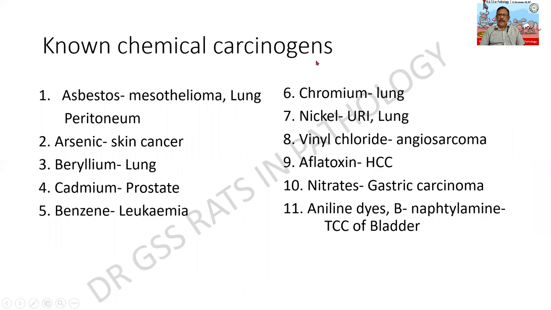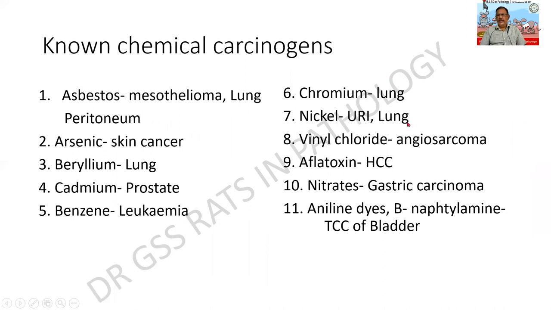I would like you people to kindly learn this list of carcinogens and the cancer that is being caused by heart. Asbestos can lead to mesothelioma of the pleura, bronchogenic carcinoma of the lung, as well as mesothelioma of the peritoneum. Arsenic, skin cancer. Beryllium, lung cancer. Cadmium for prostate. Benzene, leukemia. Chromium for lung.